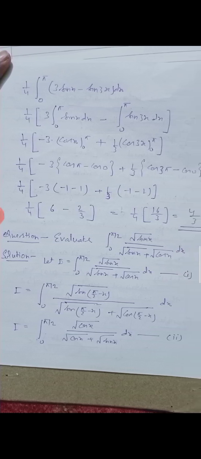This is equation second. Now adding equation first and second, this is 2I is equal to integral 0 to pi by 2 root sin x plus root cos x whole upon root sin x plus root cos x dx.